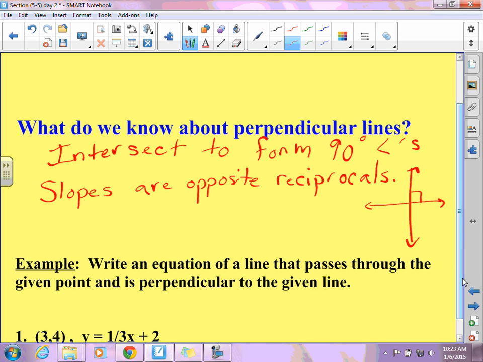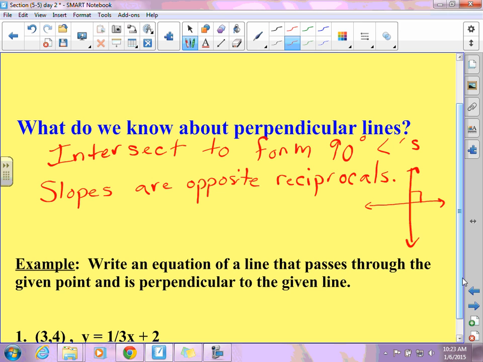But now that we're in high school, we say there are 2 lines that intersect to form 90-degree angles or right angles, right? So I need more information on that. Slopes are opposite reciprocals. What does that mean? Well, let's talk a little bit about that.